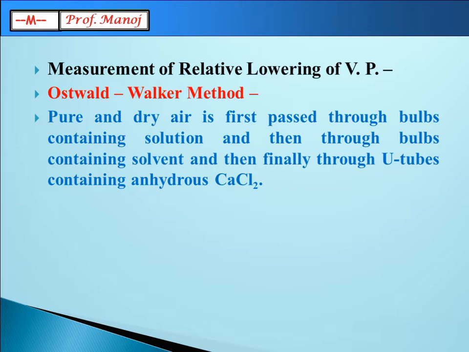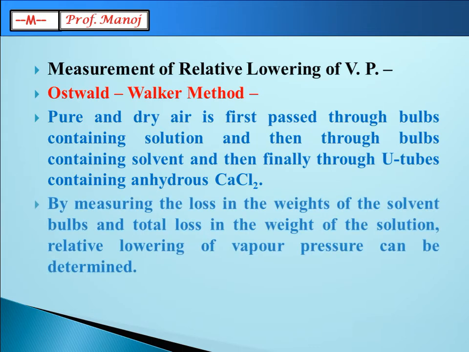So let us think about it once again. Pure and dry air is passed through 3 stages. Number 1 through solution, number 2 through solvent, number 3 through anhydrous calcium chloride. Imagine when the air is passed above the solution level, there will be free vapor. The dry air will absorb that vapor and go ahead.